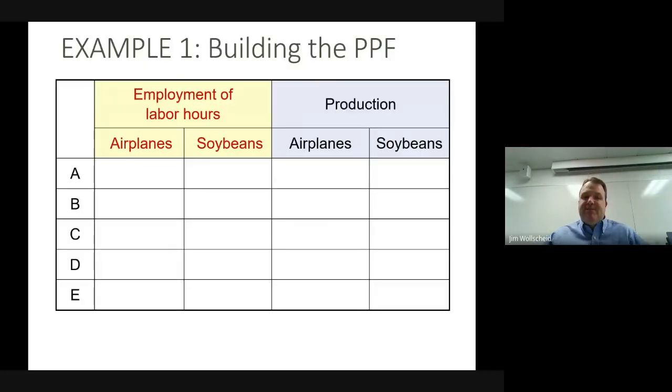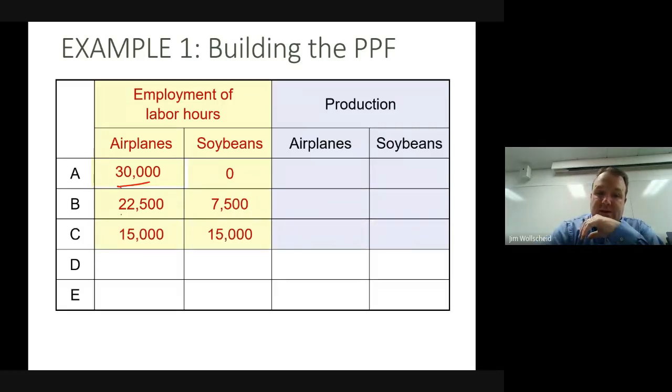So let's build a PPF for Japan. So if Japan uses all of its hours to produce airplanes, all 30,000, how many airplanes could they produce?